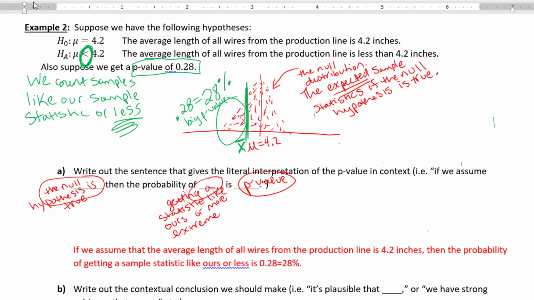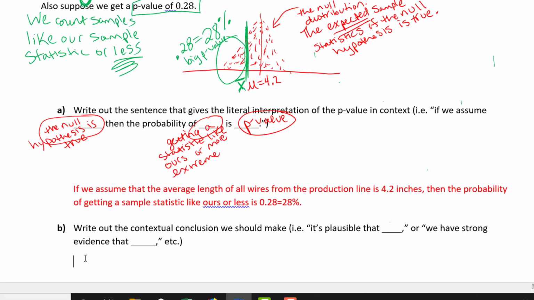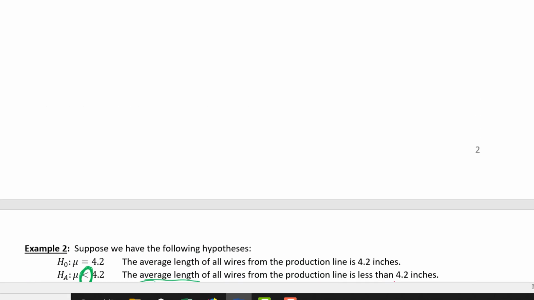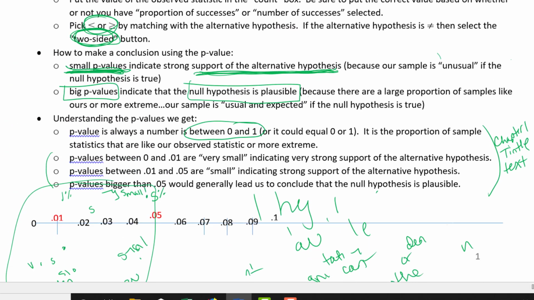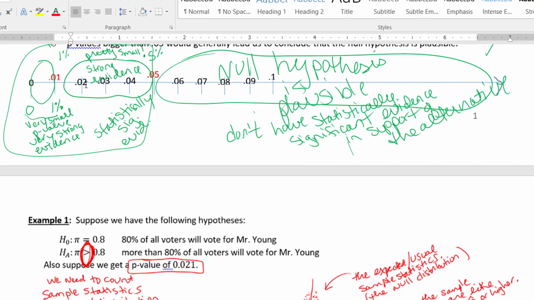And then lastly, we want to take that actual p-value, 0.28, and make a conclusion in context. Basically, do we want to say that we think the null hypothesis is plausible, or do we have strong evidence against the null hypothesis? Do we have strong evidence in support of the alternative? Now, for a p-value of 0.28, remember at the end of the first page we have a nice little number line to help us understand what kind of values relate to the type of conclusion you should make.